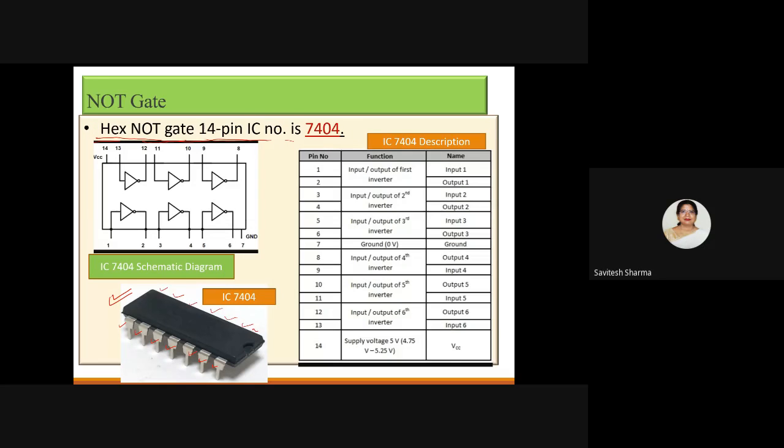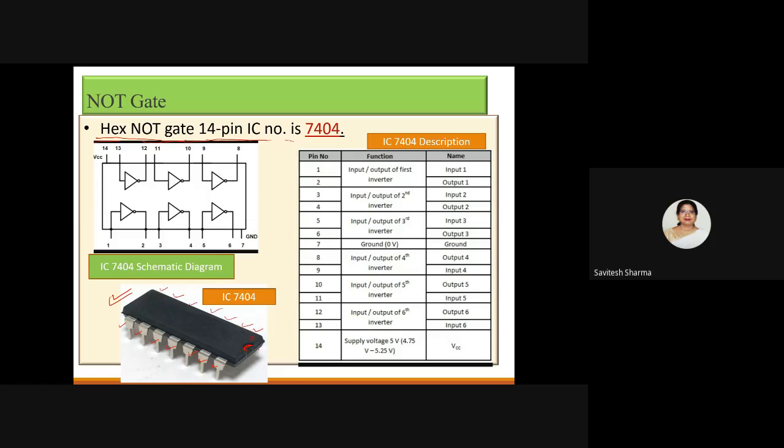How will you recognize which pin is number 1 or which is number 2? To see which pin number is which, you see there is a slot, a cut. This is the cut. In an IC you will see the cut, or a notch.